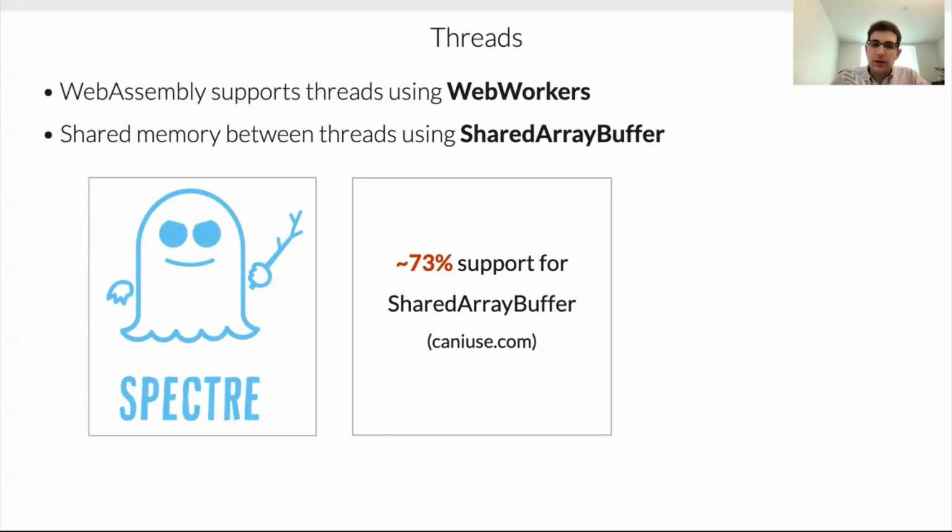So, we're getting there, but we're not quite all the way there. And so if you are using threads, it's probably a good idea to use feature detection, where you test, does the user support shared array buffer? Then use WebAssembly with threads. Otherwise, use the version of the WebAssembly binary that does not have threading in it.